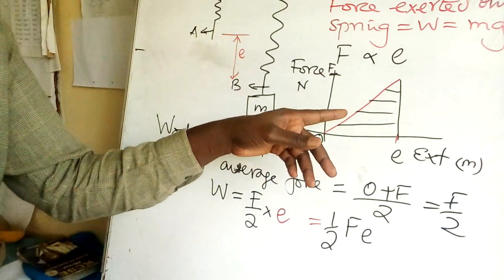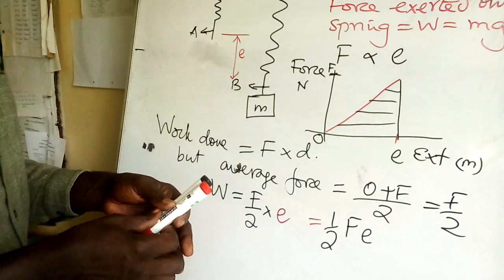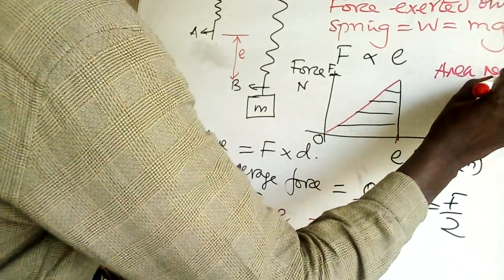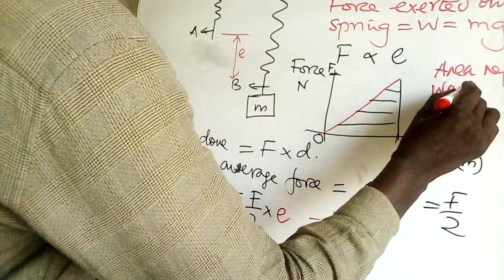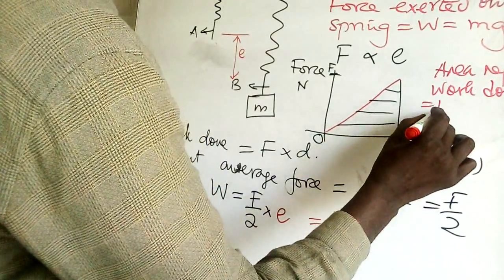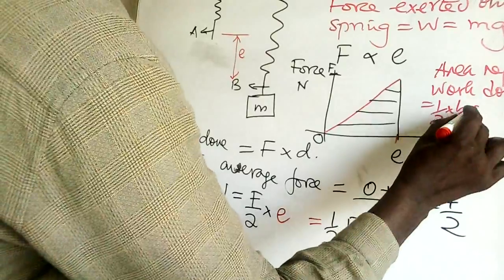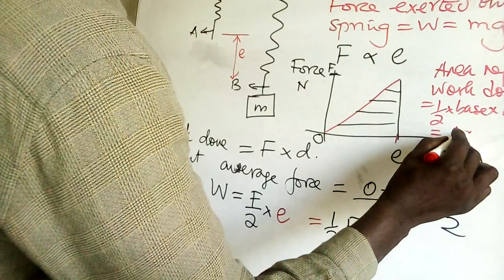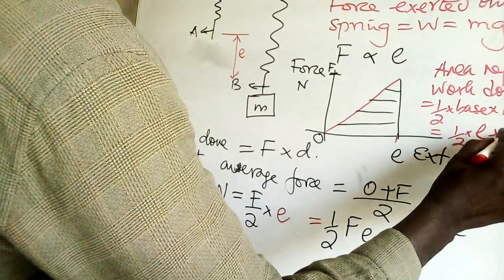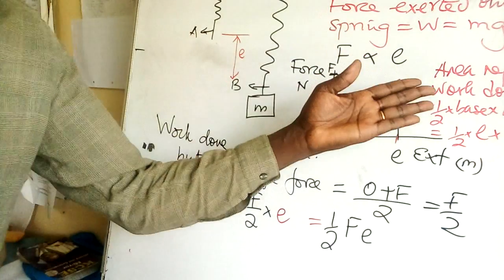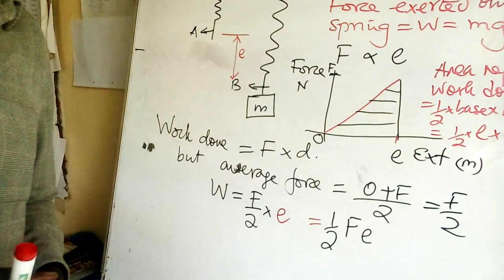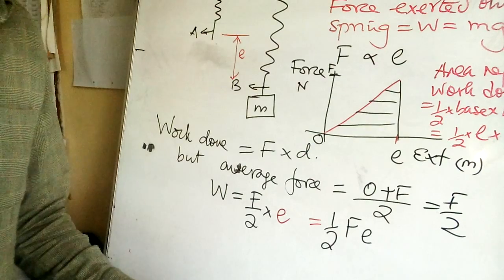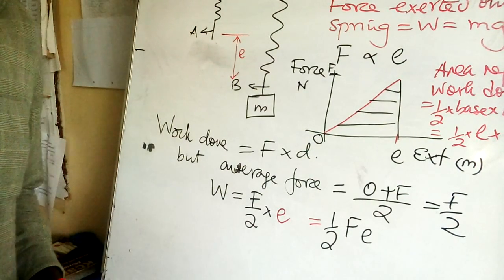A half base times height gives you the area. Area represents work done, which is equal to half times base times height. This is a half, base is extension, and height is about F. So you can pick it from this. That is very important.